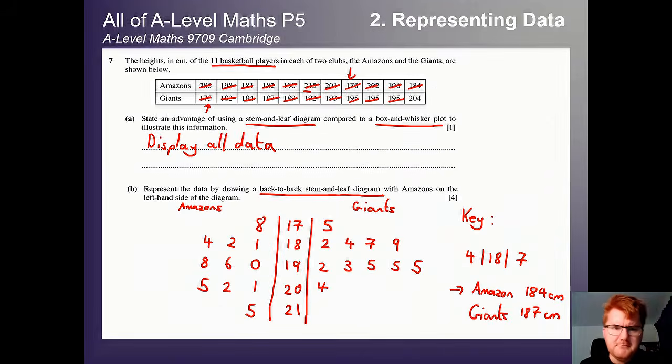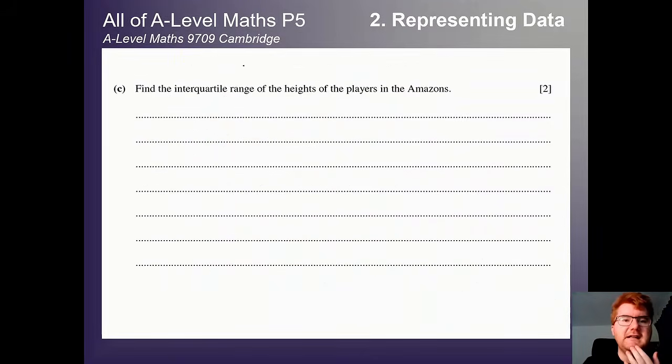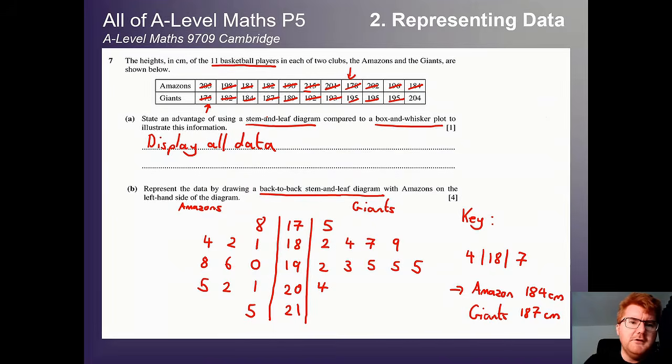Now from here, we need to work out the interquartile range of the heights of the players in the Amazons. So remember, interquartile range is the upper quartile minus the lower quartile. Again, that's a formula you simply need to know for this exam. We've got 11 basketball players.